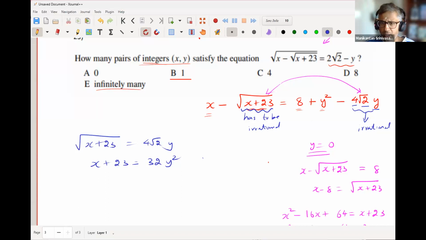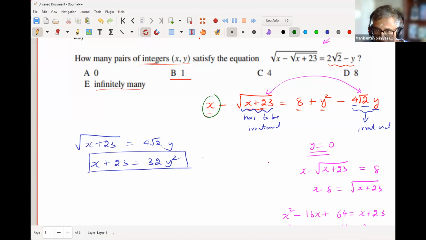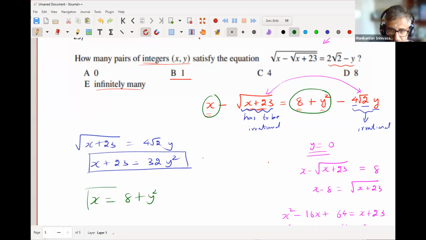So this is one equation, by equating the irrational portion. Now let's equate the rational portion. So x must match 8 plus y square. That's the rational portion.